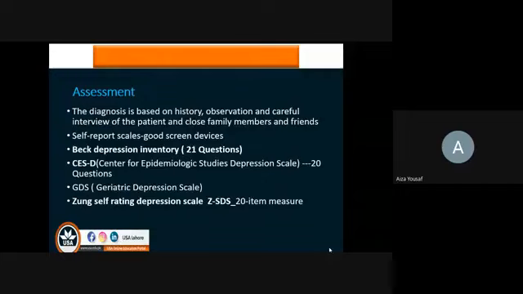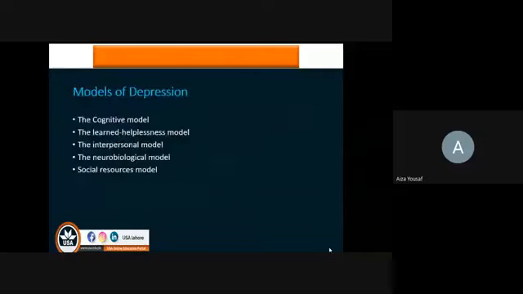The Geriatric Depression Scale was done earlier by you people in the case projects.